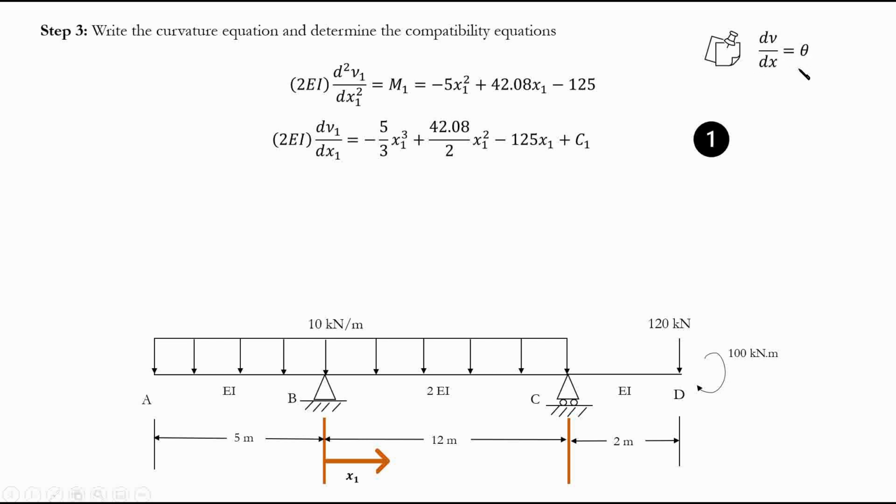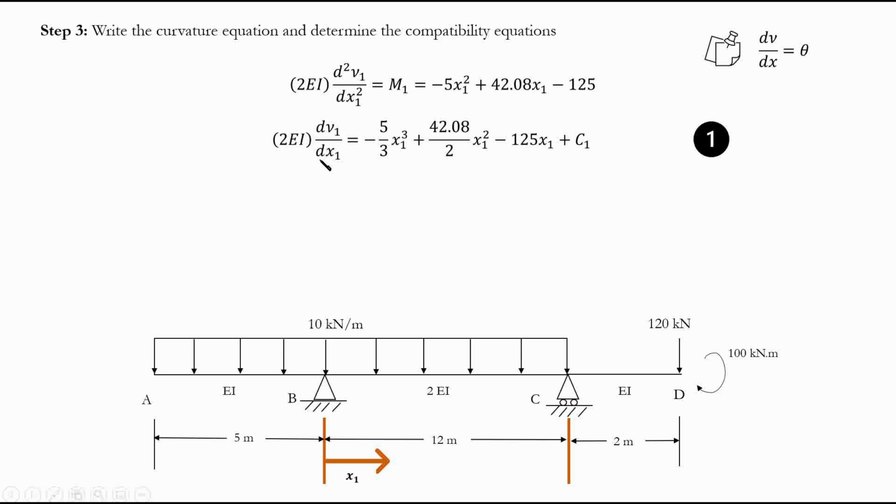We talked about this in the method of superposition as well, and I'm going to provide a link to that in case you want to check it out. Here, dν/dx, the first derivative of my deflection elastic curve, is going to give me my theta. It makes sense, because it's a slope, or rotation, of the elastic curve. So this is theta. This is very important for us to understand.